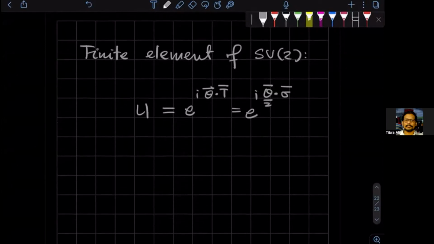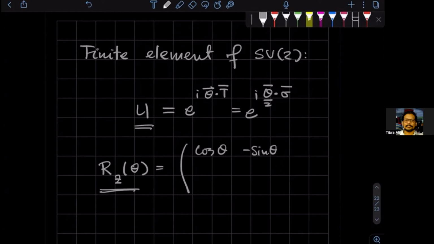So now what we want to do is explicitly create a map between, say, a rotation around the z-axis by θ and some U. We know what this rotation is. This rotation is, say, cosine θ, minus sine θ, 0; sine θ, cosine θ, 0; 0, 0, 1, right?